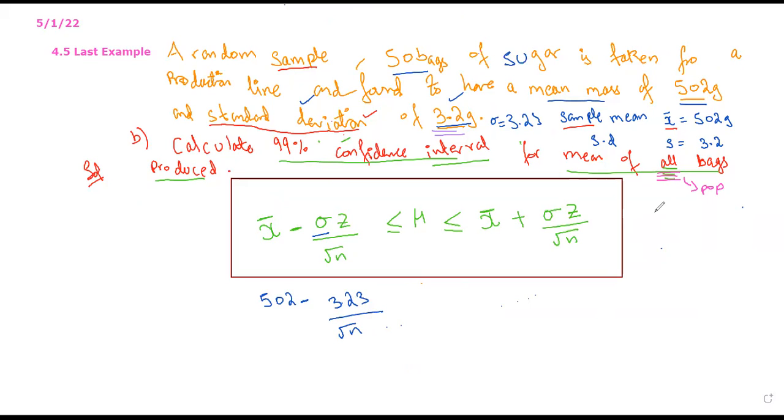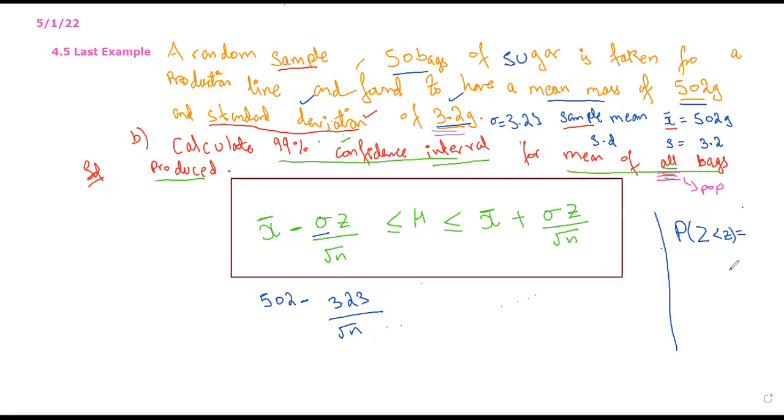Okay, and now we have z. You need to find z, right? For finding z, we know that we will be using probability. Let's take things stepwise. We have discussed this part in the last class. Since the confidence interval is 99%, I'll tell you again how to find the probability.